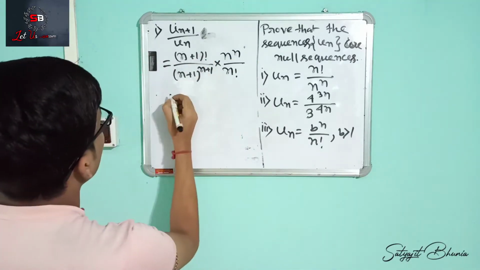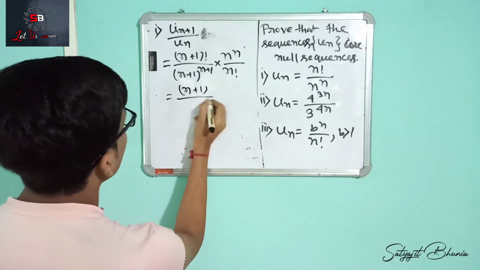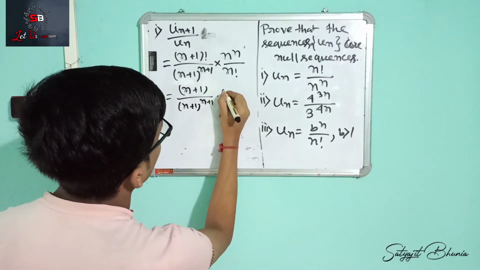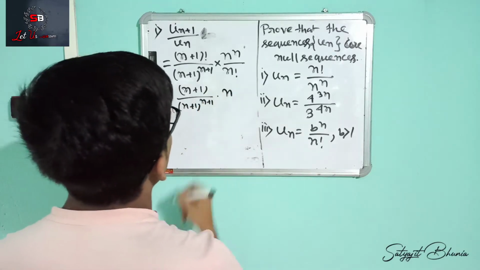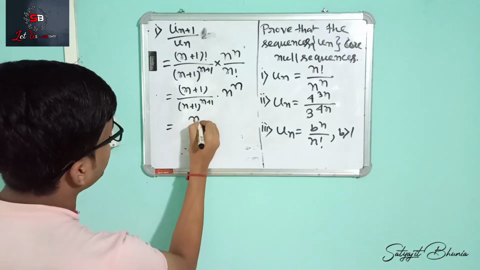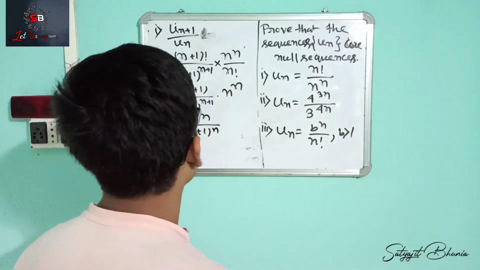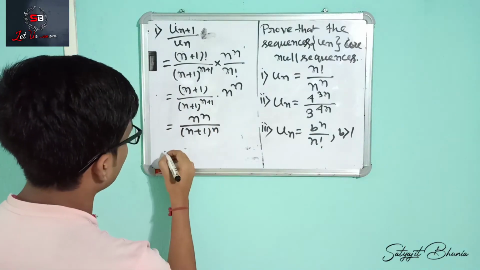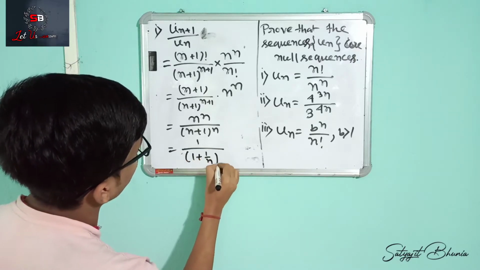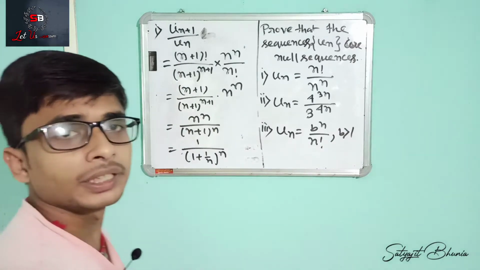So n plus 1 by n plus 1 into n to the power n, then n to the power n by n plus 1 whole to the power n, which is 1 by 1 plus 1 by n whole to the power n. This is the value of un plus 1 by un.